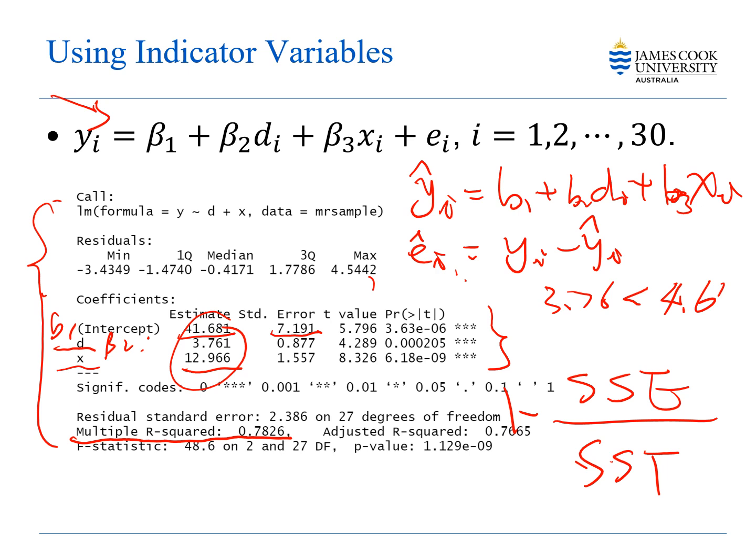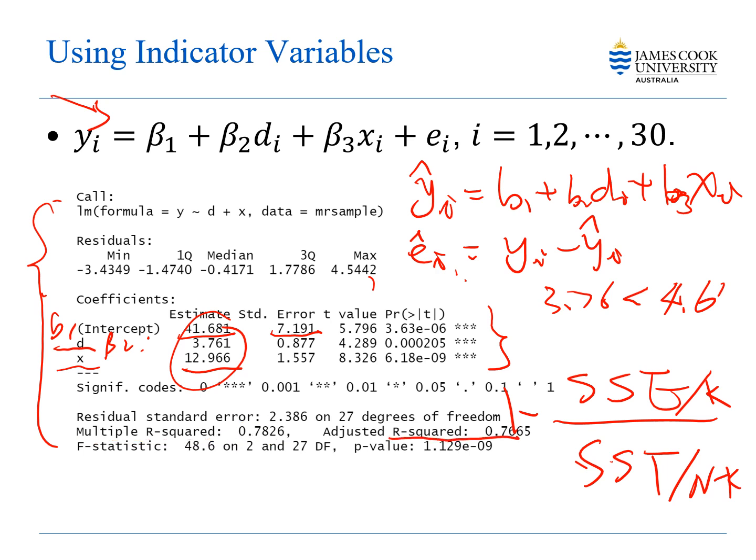So that's R squared, which is 0.7826. Adjusted R squared, we divide the SSE by the number of parameters, and the denominator we divide by n minus k. So that's where the adjusted R squared comes from.